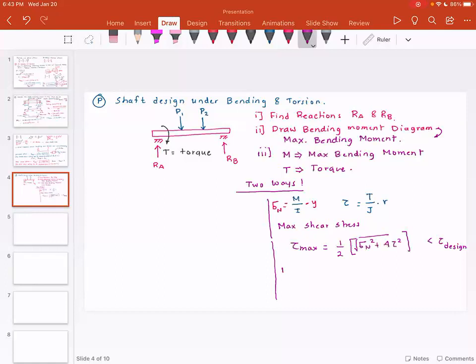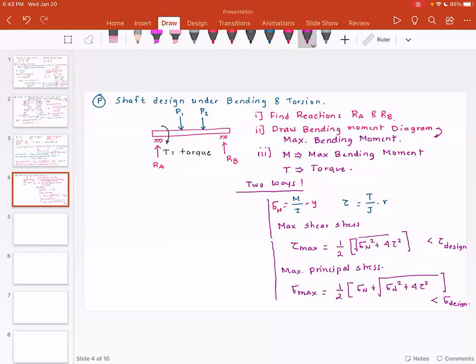I can also find out the maximum principal stress, which is sigma max, which is 1/2 of sigma n plus square root of sigma n square plus 4 tau square. And this has to be lower than sigma design.